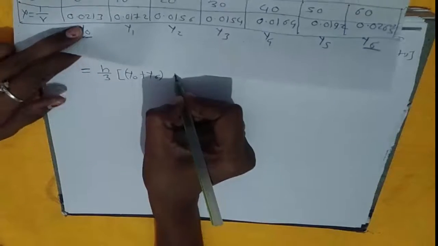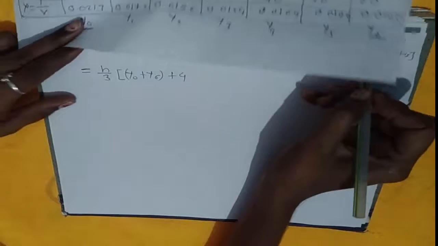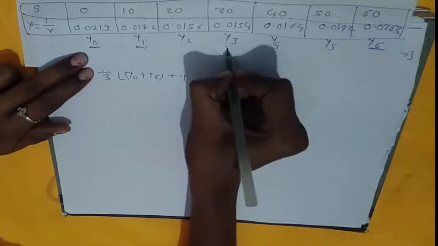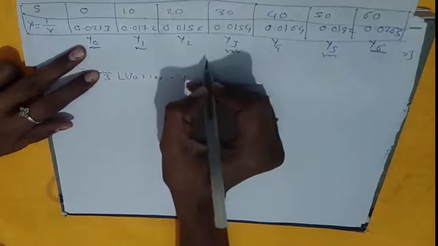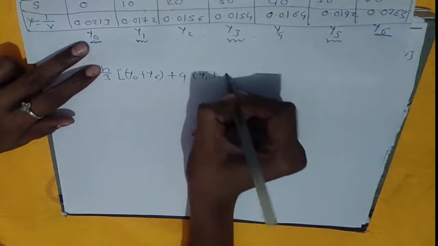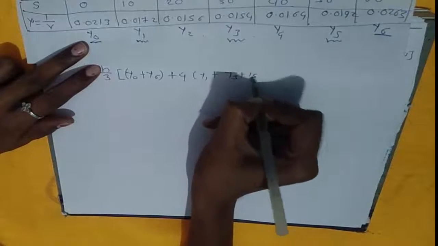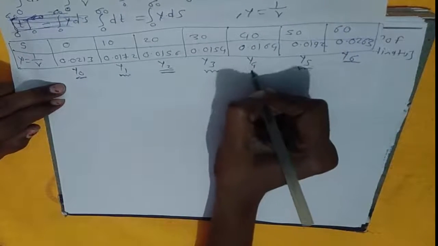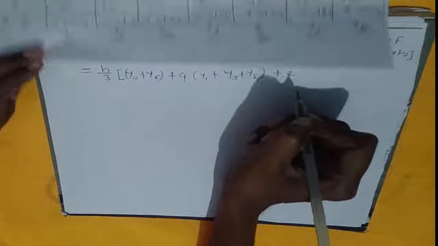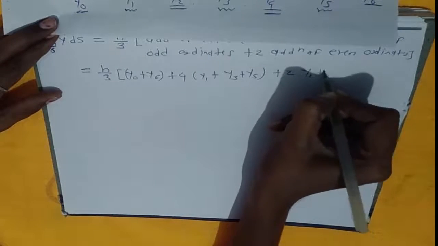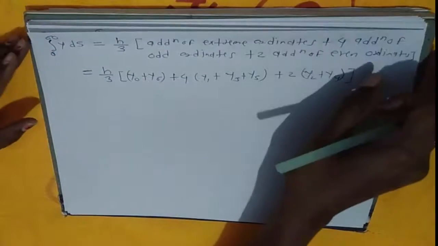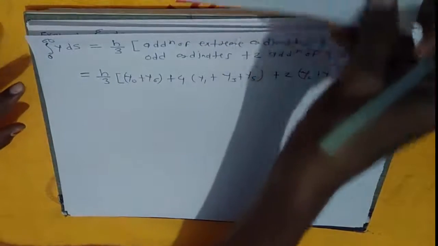Then the formula is 4 into addition of odd ordinates, and here the odd ordinates are y1, y3 and y5, so 4 times (y1 + y3 + y5), plus 2 into addition of even ordinates, which are y2 and y4, so 2 times (y2 + y4).